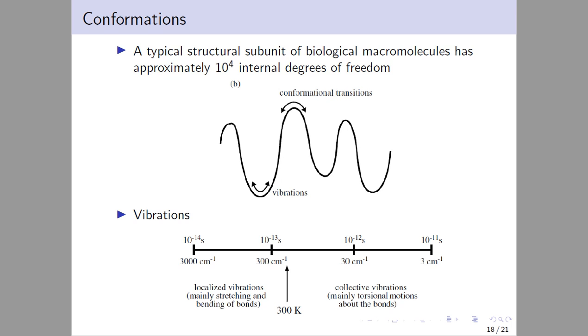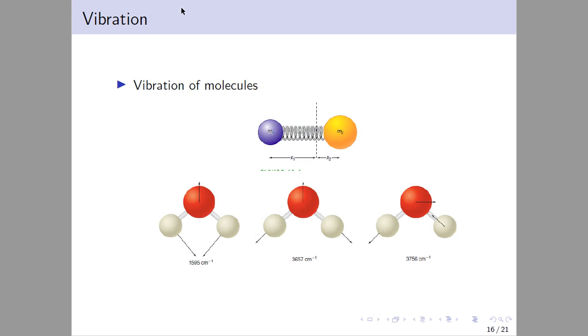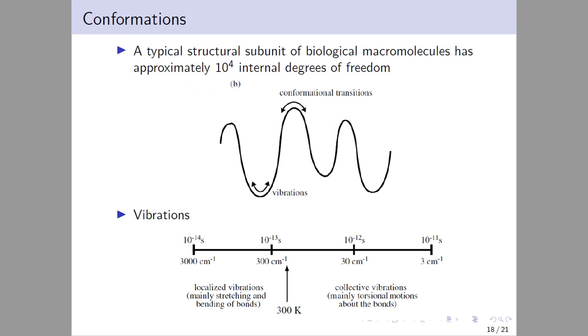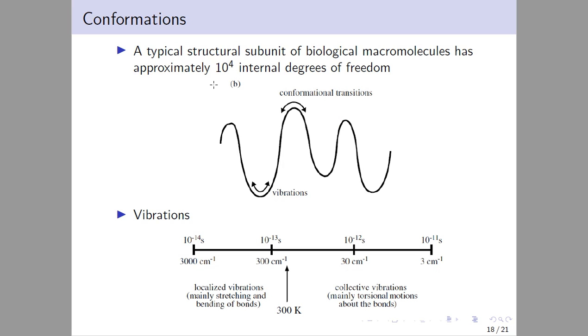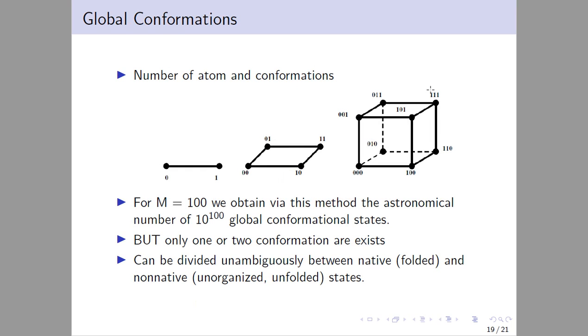So we have this torsional motion, and this one will do the vibration. From this vibration, it can be changed into another shape. So we have this global conformation.